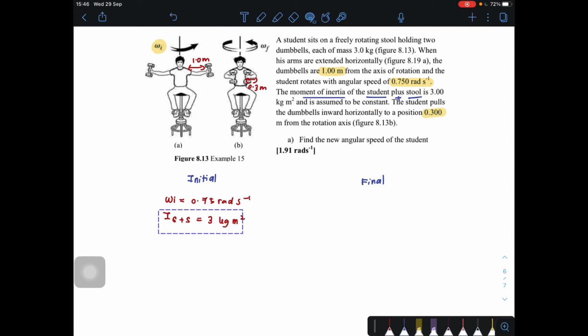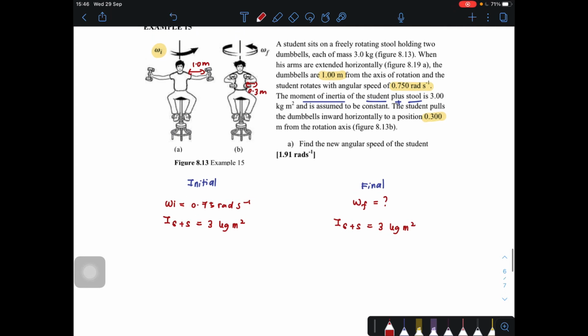So it means initial and final are the same value. So here final we don't know. And then the value for R here. Okay, the value R here is also different. This one is 1 meter. This one is 0.3 meter. Now we want to find this value here.